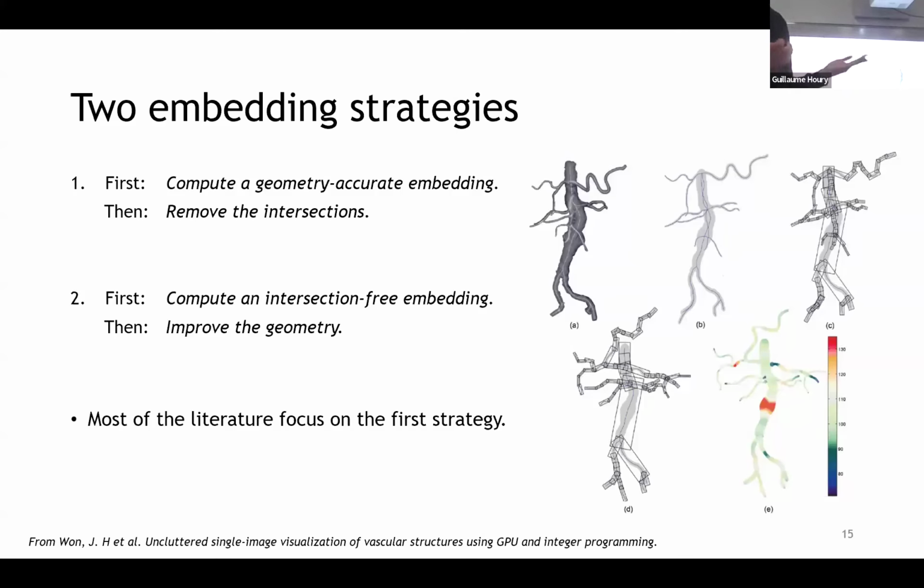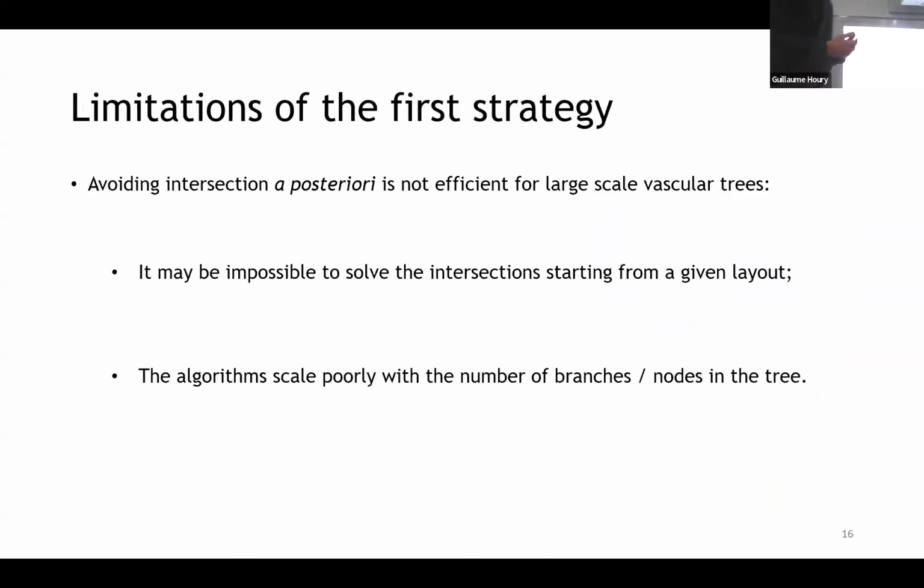So this first strategy is quite natural because we can perform this first geometric projection using quite natural projection techniques. However, the main problem is that it doesn't scale well with the number of blood vessels.